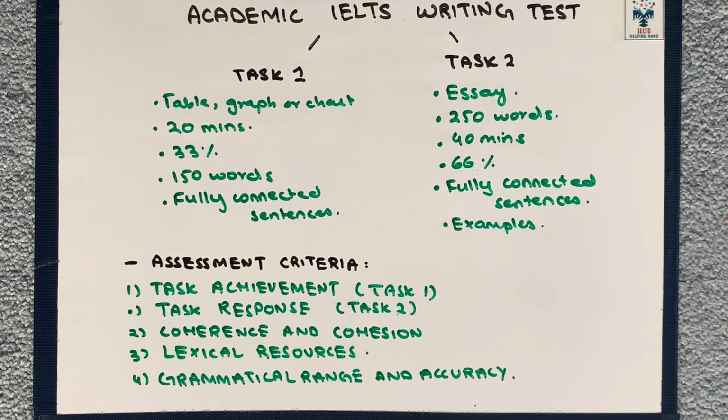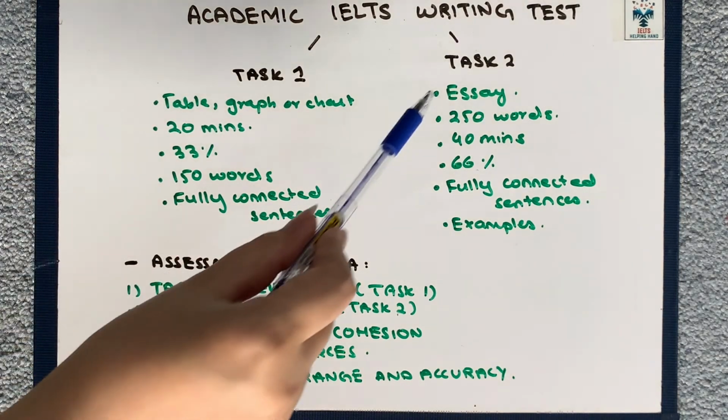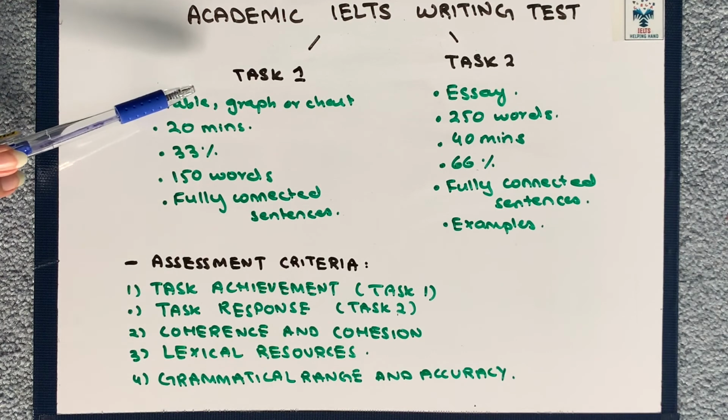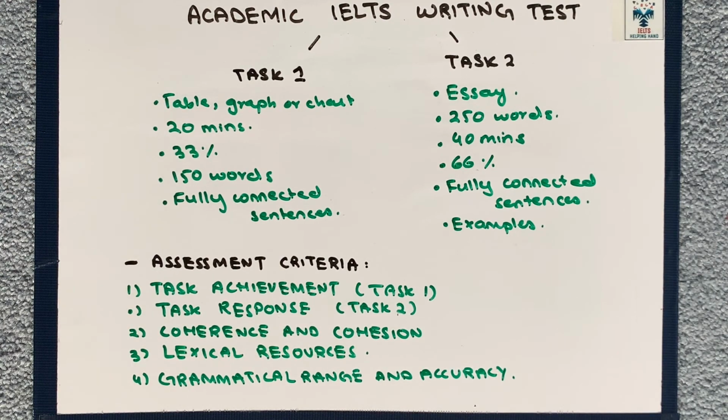Now, let's do a quick overview. Academic IELTS writing test is divided into two tasks, Task 1 and Task 2. In Task 1, you will be presented with tables, graphs or charts and you have to explain them in your own words.